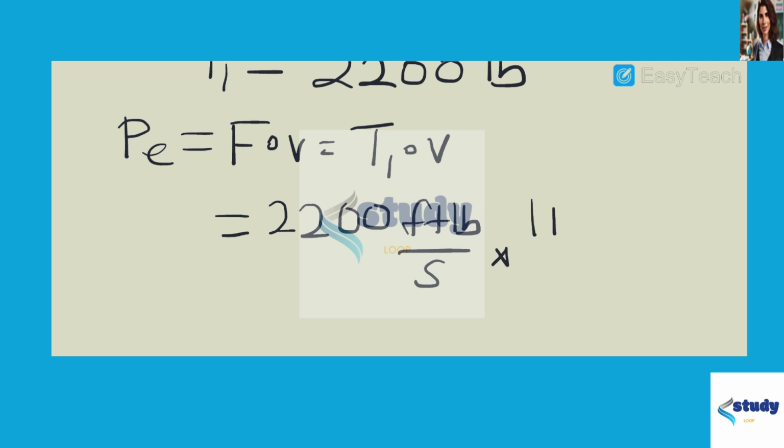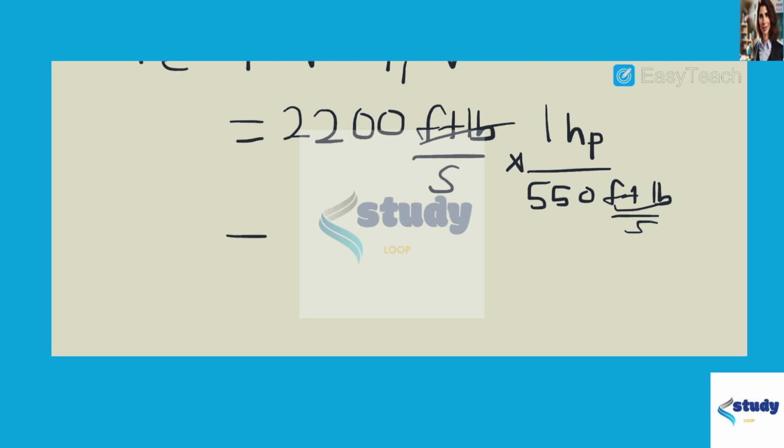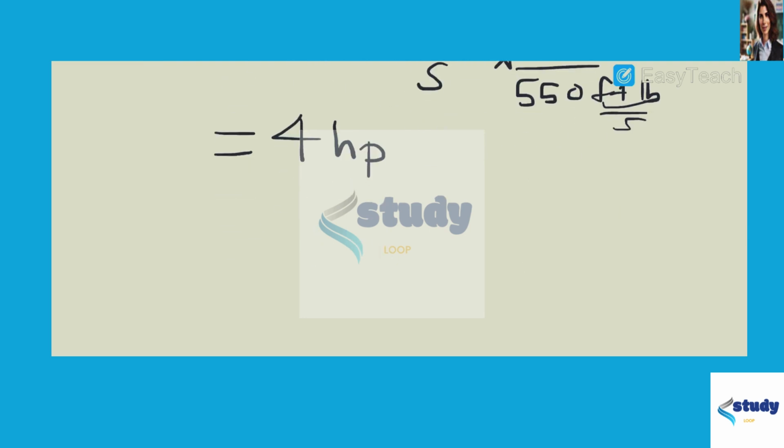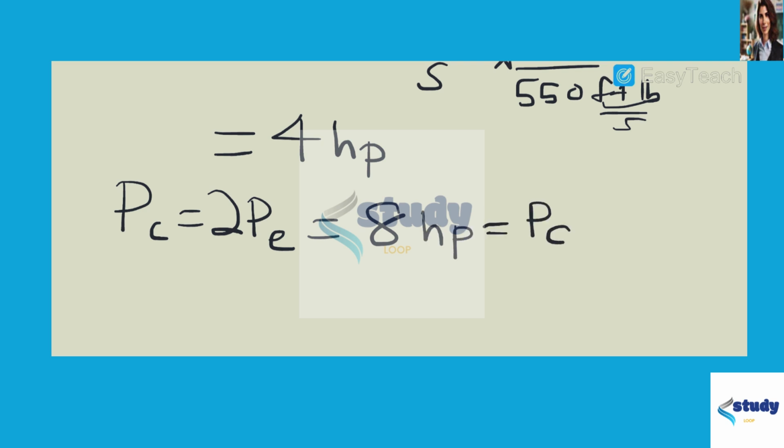If we want that in horsepower, that's 1 horsepower over 550 foot-pounds per second. These cancel, and we see that the power experienced by the elevator is 4 horsepower. However, the power required to be given out by the motor is going to be 2 times the power experienced by the elevator, so that is going to be 8 horsepower. That is our final answer.